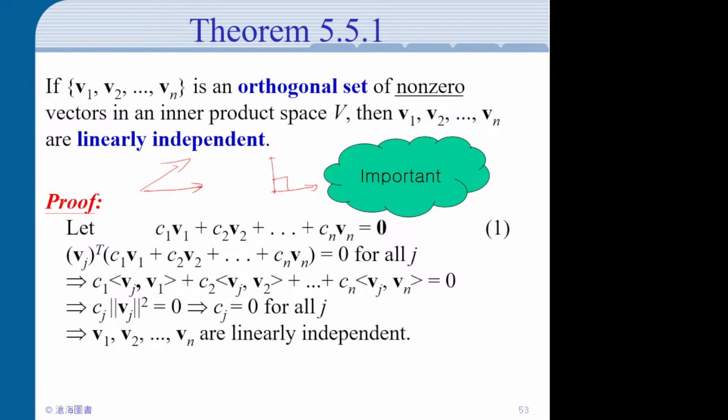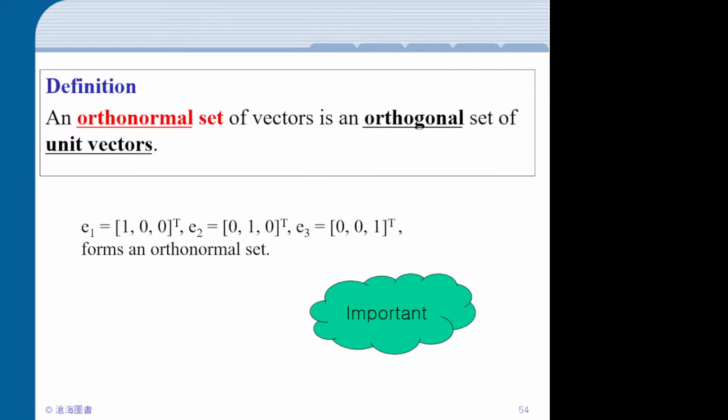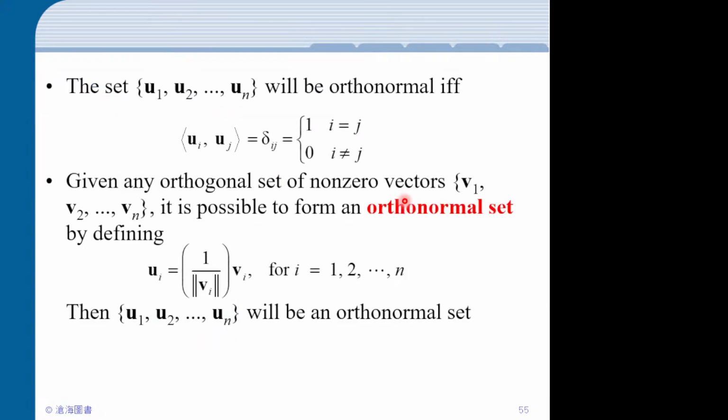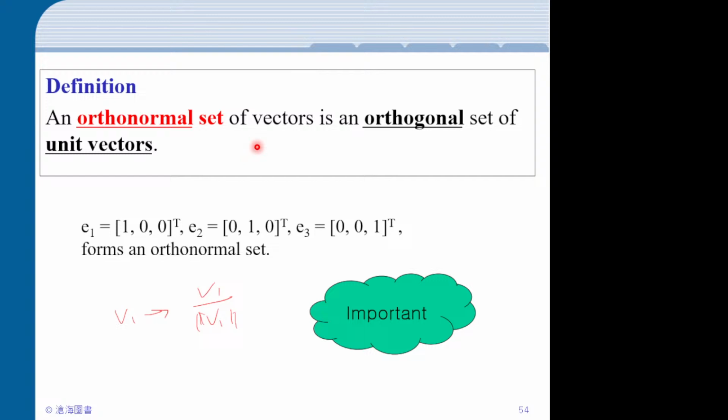So if you have an orthogonal set, you just go V1 to V1 divided by norm V1, then you will get a unit vector, and you get an orthonormal set. Oh, I'm jumping ahead. I guess I don't actually need this here. Sorry.